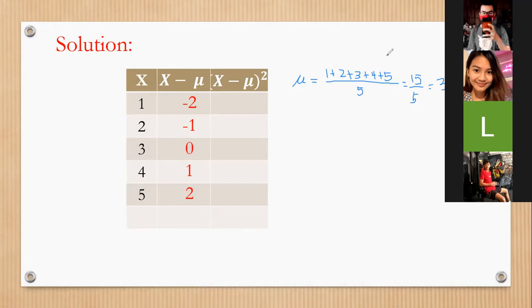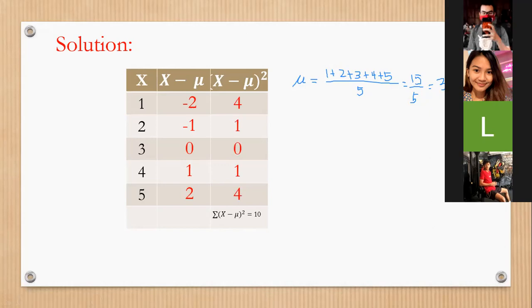And then, the next is of course to square. Etong nasa column na to, i-square natin siya. Okay? Pag in-square natin, yung negative 2 times negative 2 will be equal to 4. And then, we need to get the total of that. Bakit natin kailangan kunin ang total niyan?